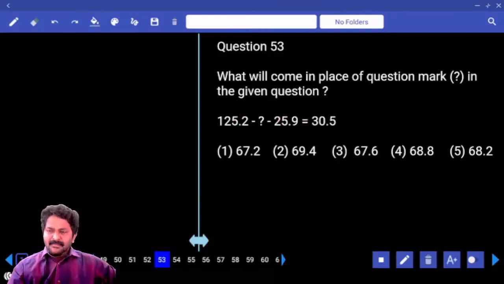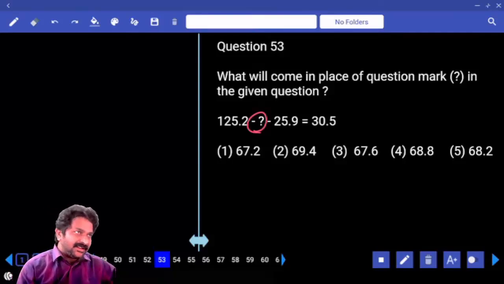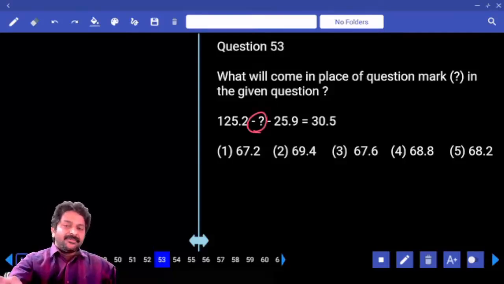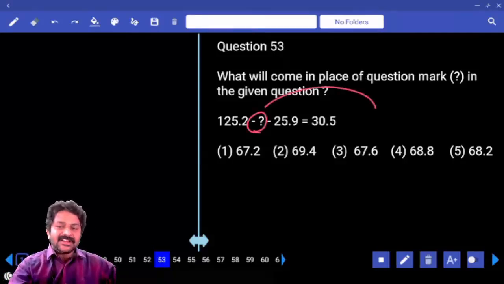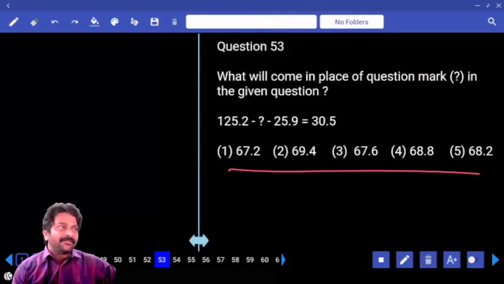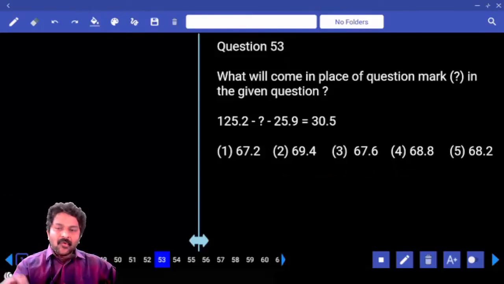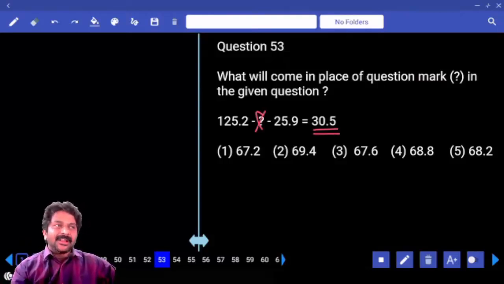Right. So x is in the left hand side and that is minus x. So we will take that to the right hand side, and the right hand side number will come to the left hand side. When you look at your options, except first option and fifth option, the remaining all are ending with different numbers. After decimal all are having different numbers, right? So let's concentrate only on last digit verification. Minus x goes to the right hand side. The right hand side number will come to the left hand side.